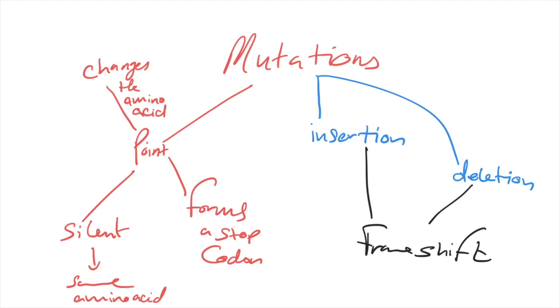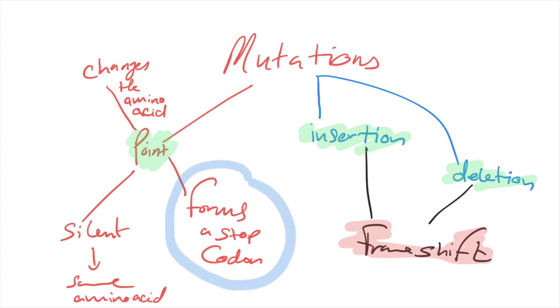Here we have a summary of the three types of mutations. The three types are point mutations, insertion, and deletion. Now we've seen earlier that both insertion and deletion cause more damage and effect than point mutations. Point mutations are quite harmful if they lead to the formation of an early stop codon.